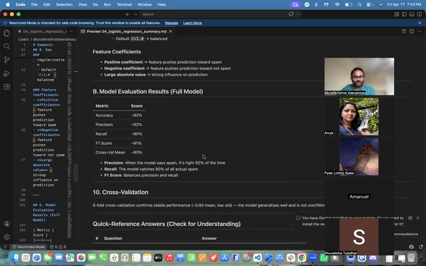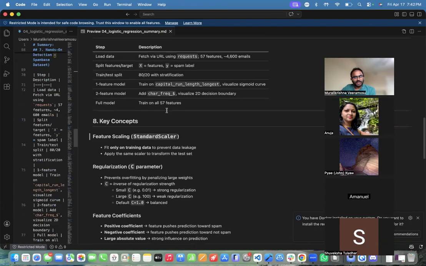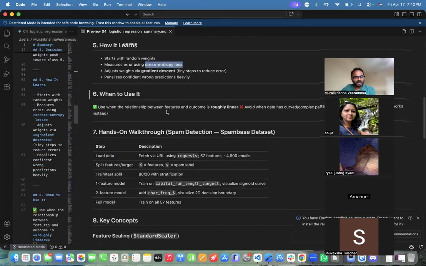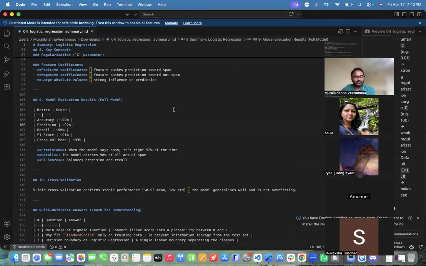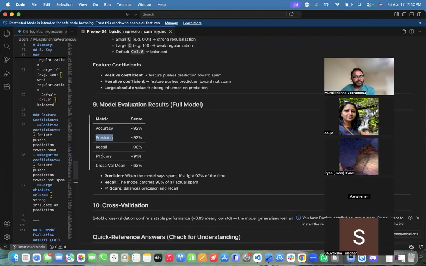Yeah, that's about the logistic regression model. How do we evaluate the binary classifier or the logistic regression? It's the same process. We use accuracy, precision, recall, and F1 score.